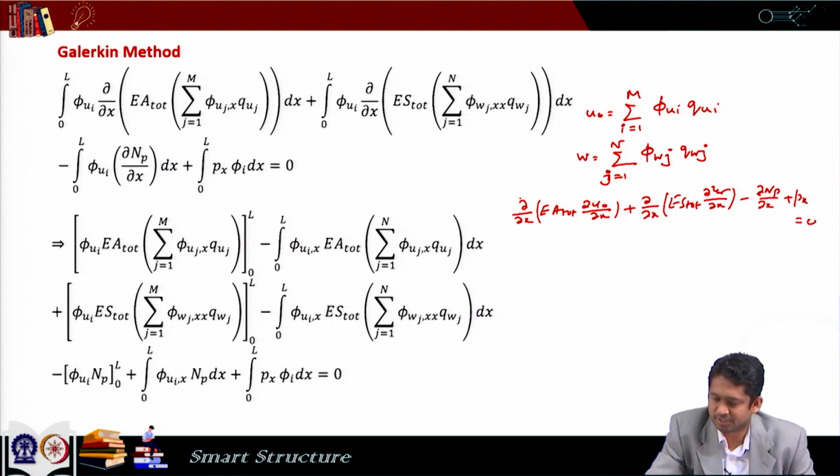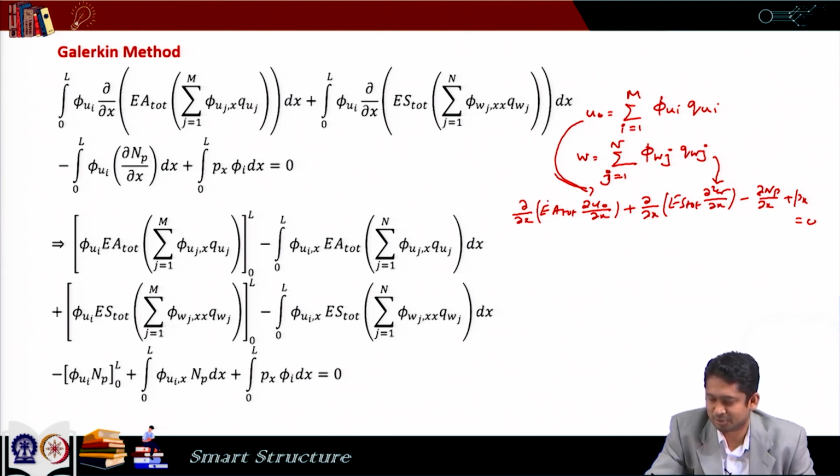So, if I put this u0 here and this approximation for w here, I get an equation with m plus n number of unknowns. I multiply this equation with these phi u i's. There are total m number of phi u i's.